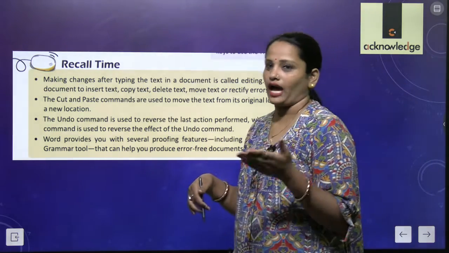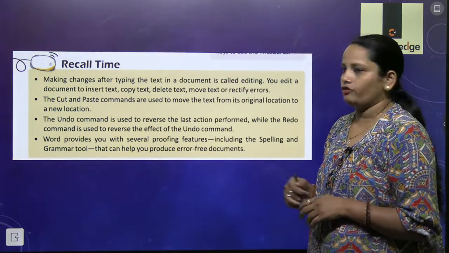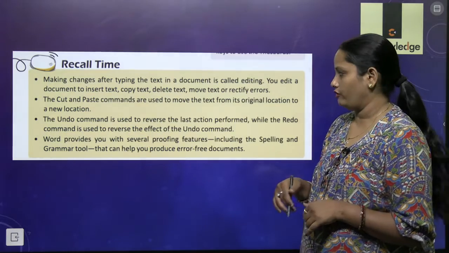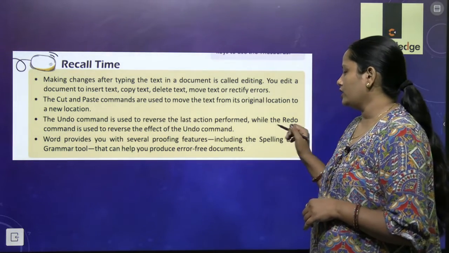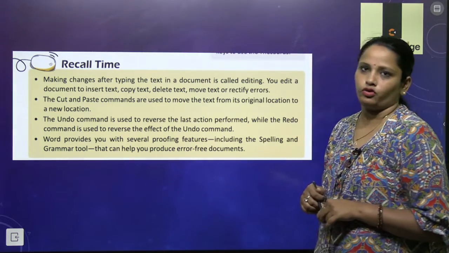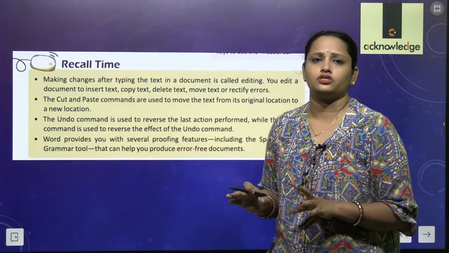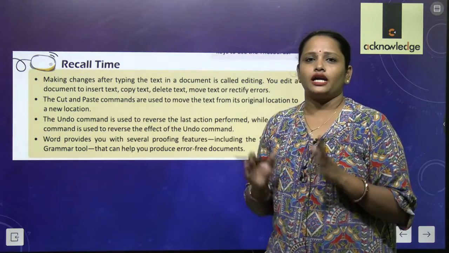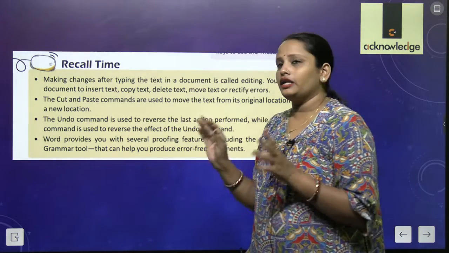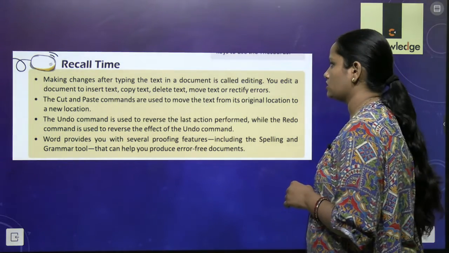It will redo the action. Word provides you with several proofing features, including the spelling and grammar tool that can help you produce error-free documents. So by using all these editing tools, we can edit our document very correctly.